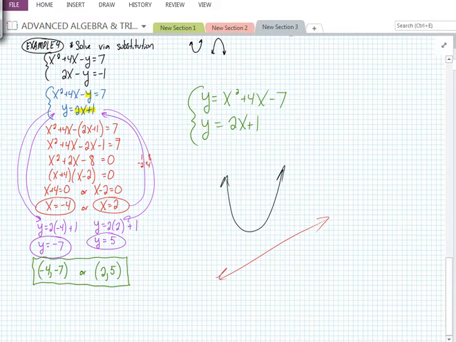If I had a line that just nipped the parabola at one location, we call that tangent to the parabola, then there would just be one solution to that system of equations. And then you have the third possibility, which is where our line is secant to the curve, in which you would have 2 solutions to that system of equations.